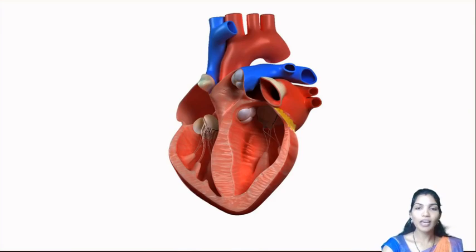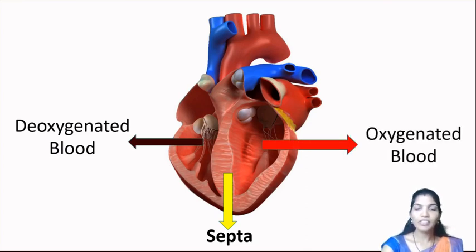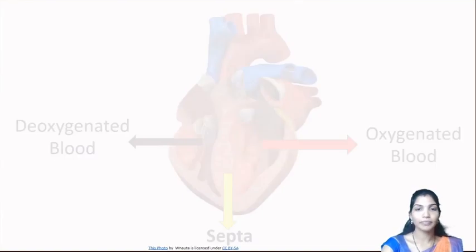Right and left side of the heart can be separated by septa. Right side of the heart receives and pumps deoxygenated blood, means carbon dioxide rich blood. Left side of the heart receives and pumps oxygenated blood, means oxygen rich blood.